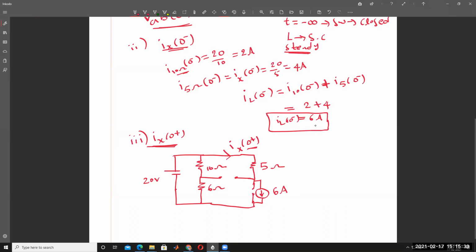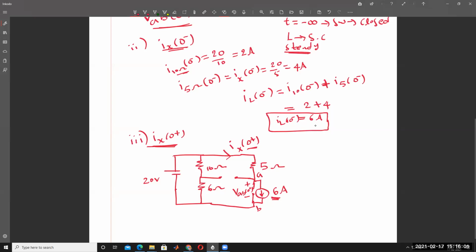Under the open circuit condition, voltage is available here, plus and minus. This is called A and this is called B. The voltage across this terminal is VAB of 0 plus. What is the current flowing here? 6 amps.